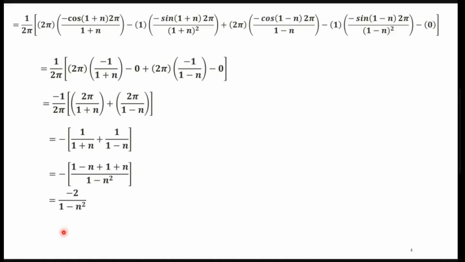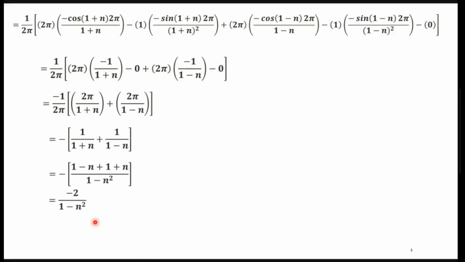Now when I write n is equal to 1, ये पूरा टर्म इंफिनिटी हो जाएगा. अगर मैंने n को 1 पुट किया तो -2 upon 1 minus 1 that is equal to -2 upon 0 which will become infinity. Which means that whatever an we have calculated, that an is not true for n is equal to 1. है ना.